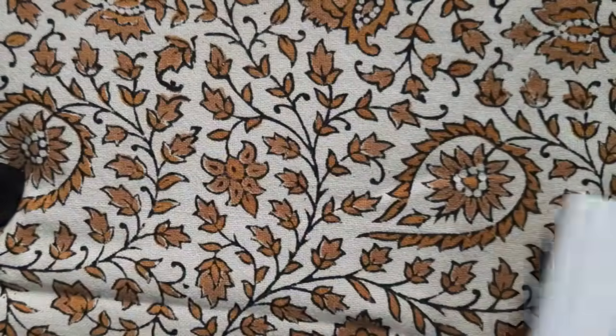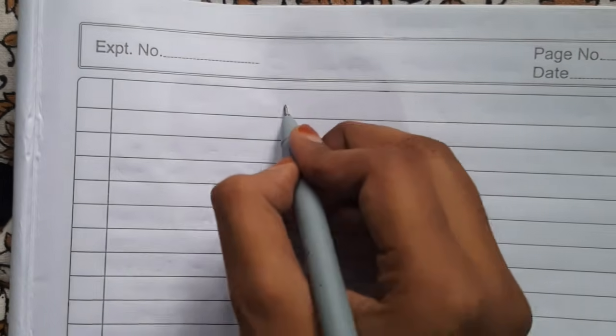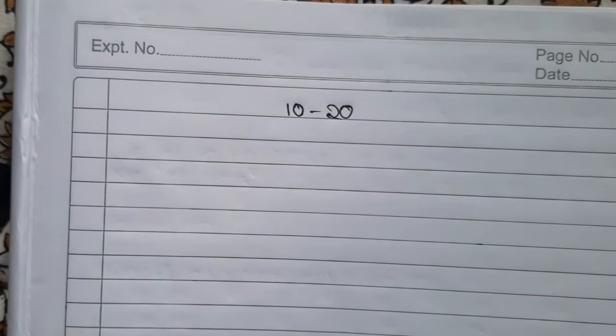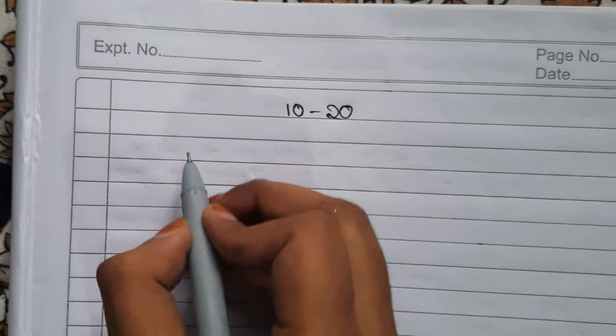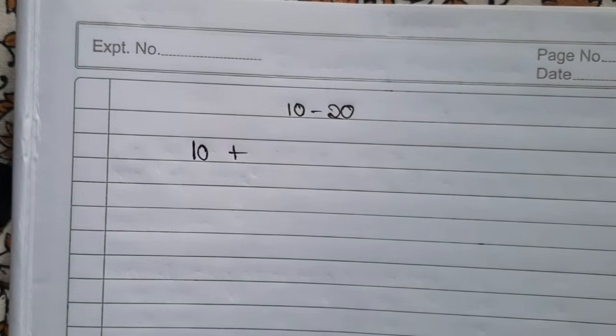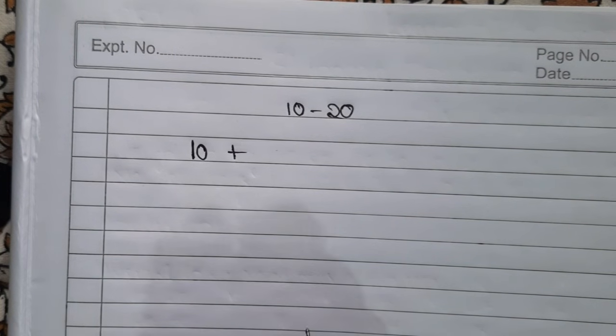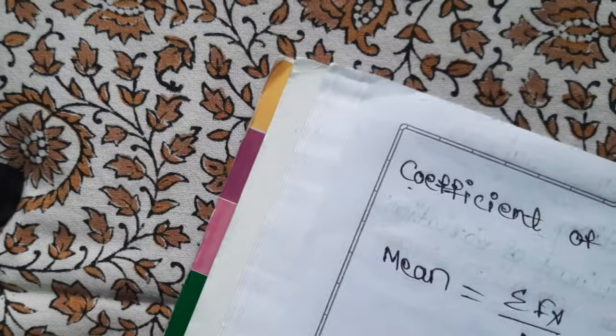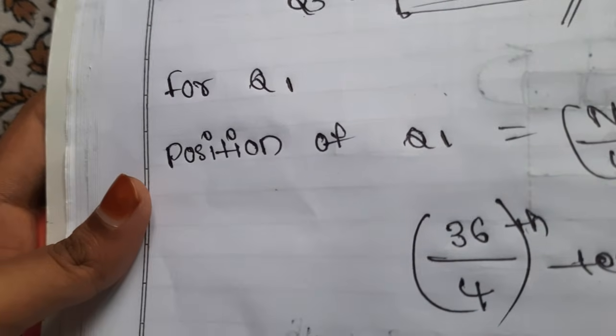Now we will be substituting all the values into the formula. How much is L? In 10 to 20, the lower class limit, the smaller number, is 10. So L will be 10. We found n by 4, right? n by 4 is 9.